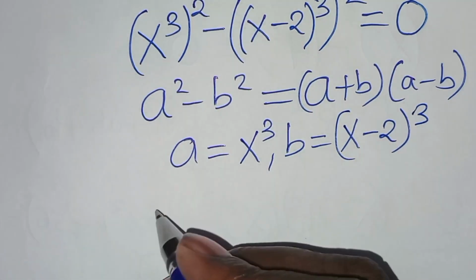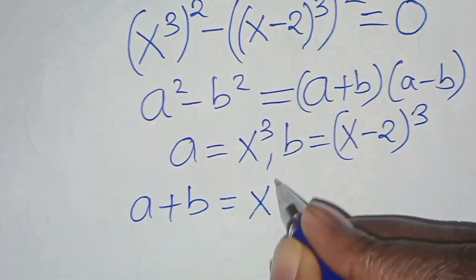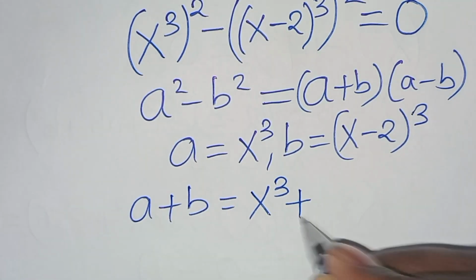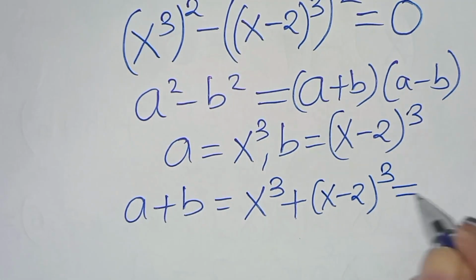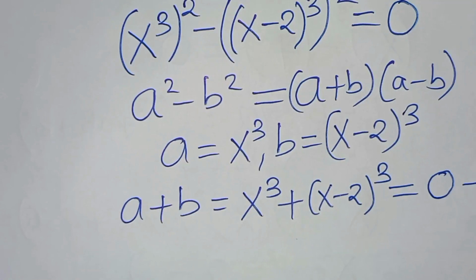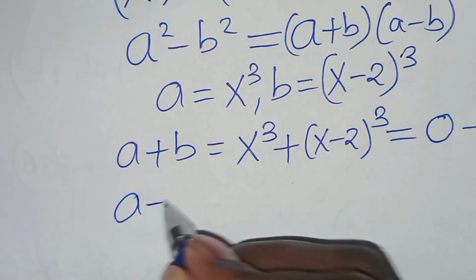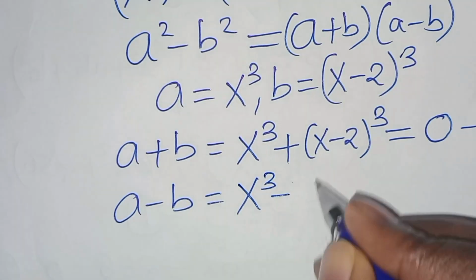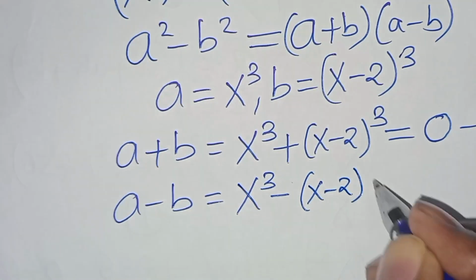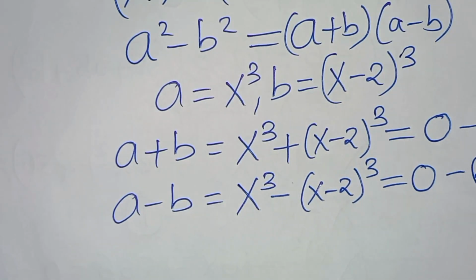So a plus b is x to the power 3 plus (x minus 2) to the power 3, equal to 0. Let's call this equation 1. Then a minus b is x to the power 3 minus (x minus 2) to the power 3, equal to 0. Let's call this equation 2.